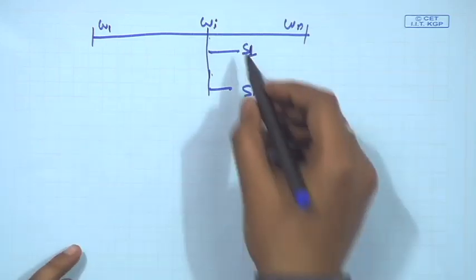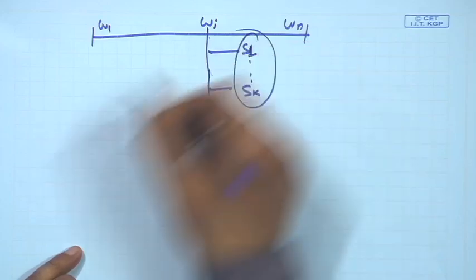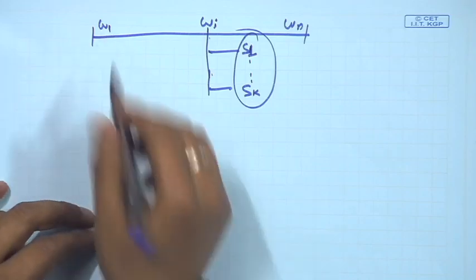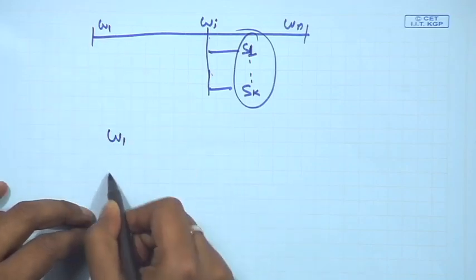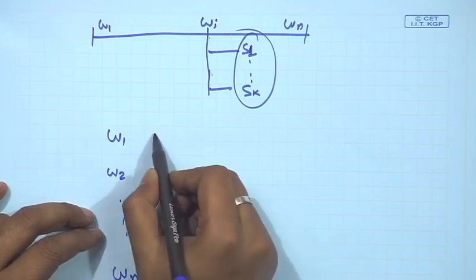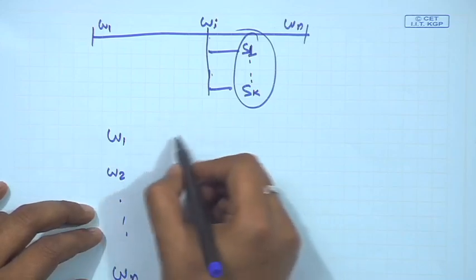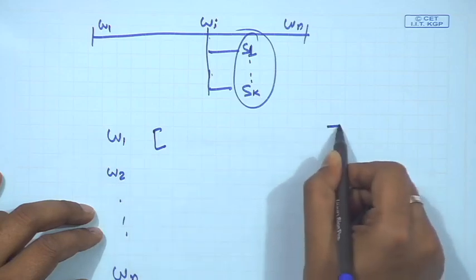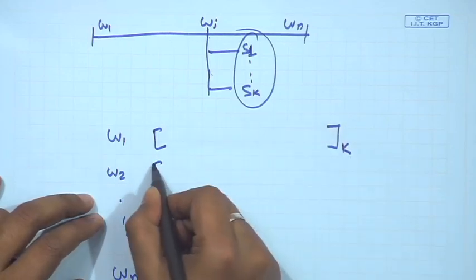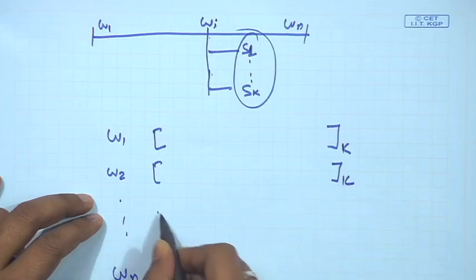Now, I want to find out which of these k senses is used in this particular sentence. So, what will I do? For each word w1, w2 up to wn, I will construct a score vector. A score vector has as many dimensions as the number of hubs. So, it has k dimensions. I will construct this vector for each of the words.